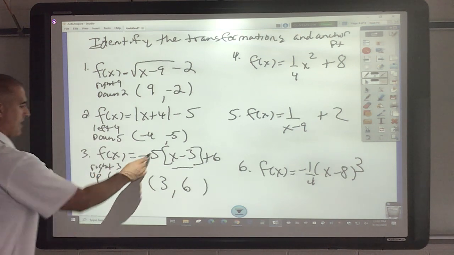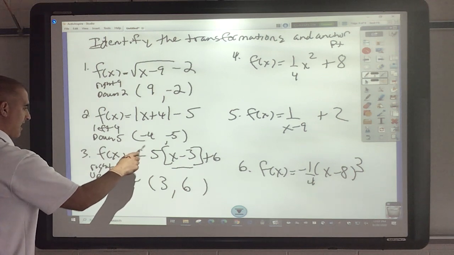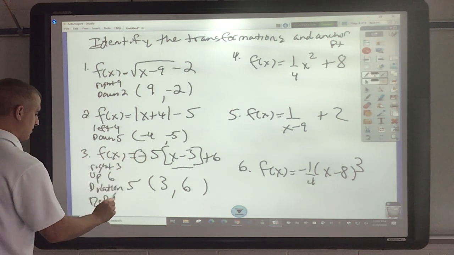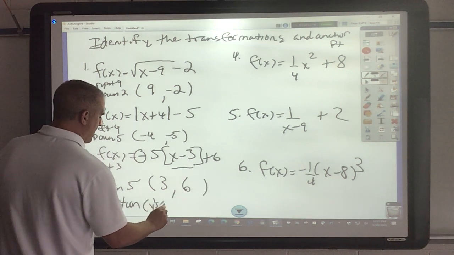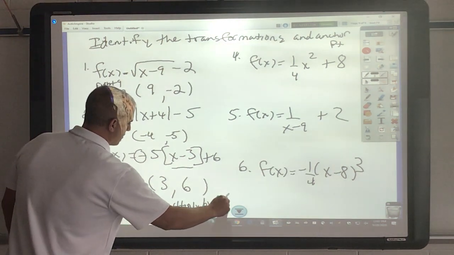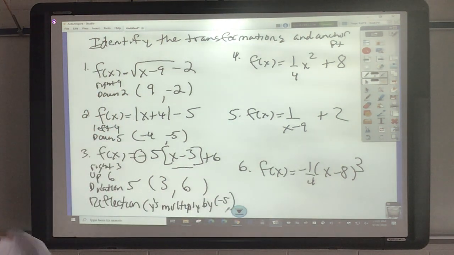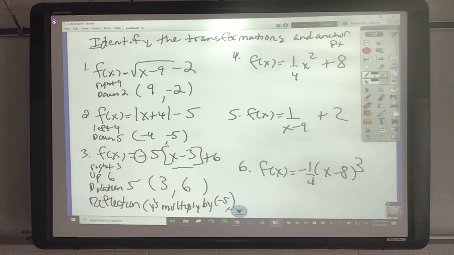Now, got a couple things. I got a dilation of 5, and I got a reflection. Now, what I'm going to do though is I'm going to take my y's and I'm going to multiply by negative 5. Okay? All right, like I said, we're going to practice those in a little bit. If you understand what's going on here, it's actually pretty easy.